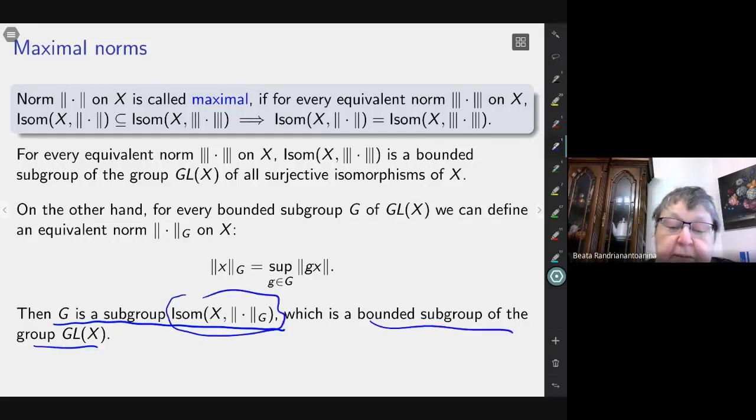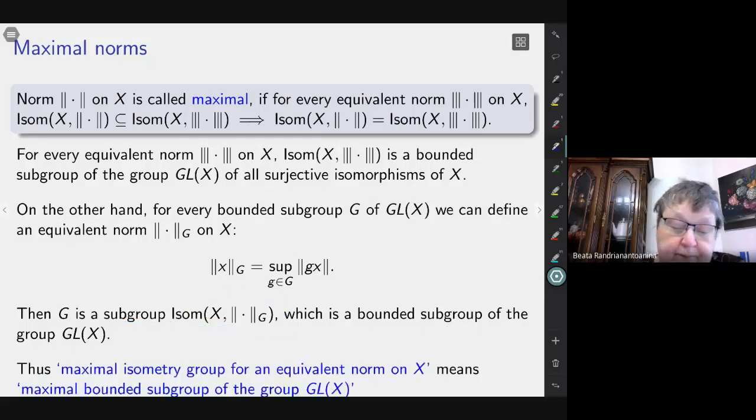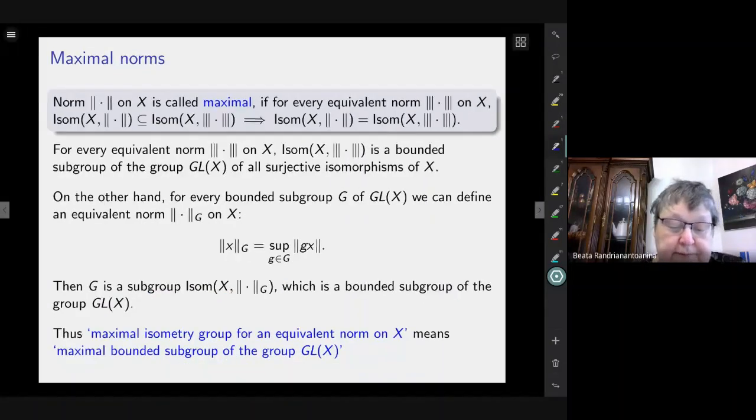So when I am talking about a maximal renorming, a maximal norm, I am talking about a maximal bounded subgroup of the group GL of X.